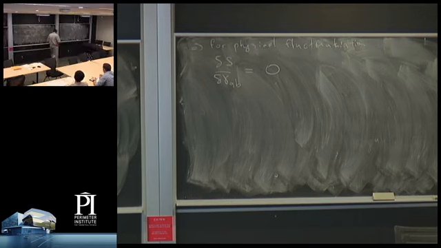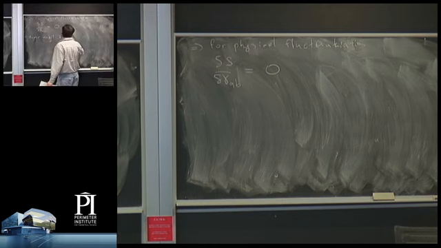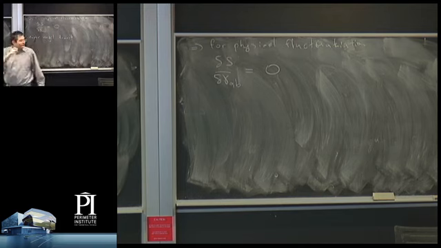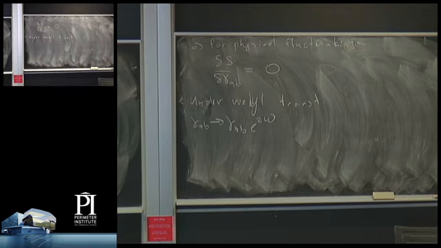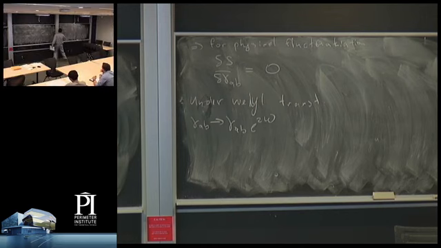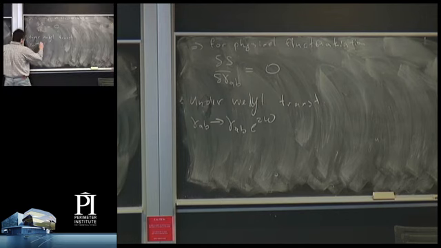Okay, so if I vary with respect to the metric, then delta S over delta gamma AB is 0. Now, let me start with the second one. So Weyl invariance, right? So under the Weyl transformation, what do I have? Well, first of all, what are the Weyl transformations? Gamma AB goes to gamma AB e to the 2 omega.